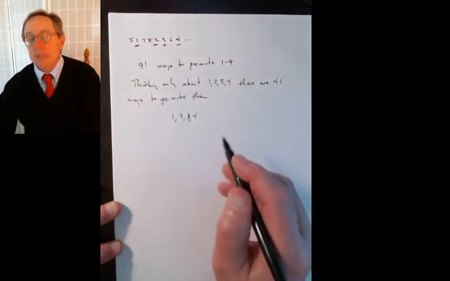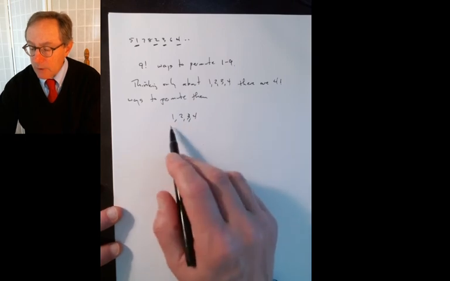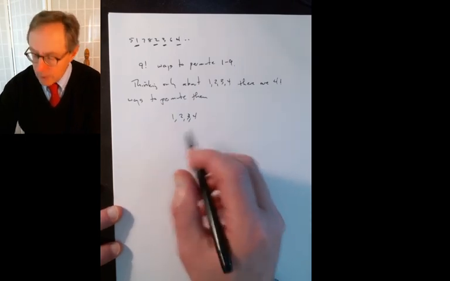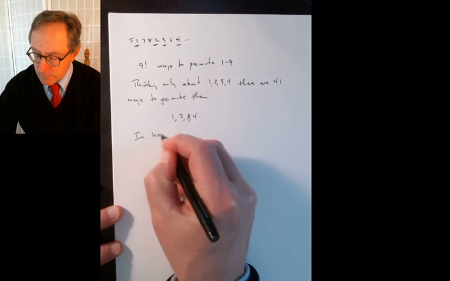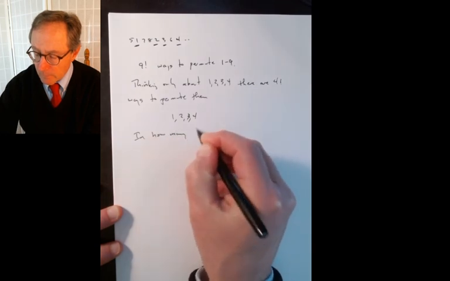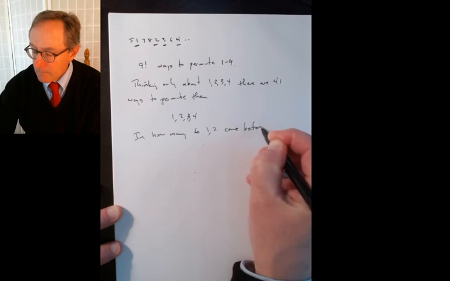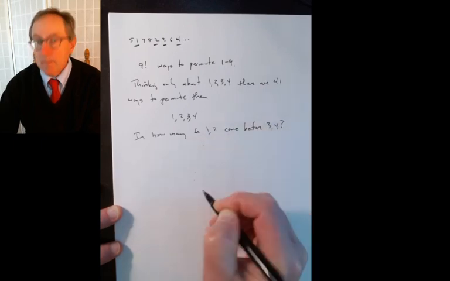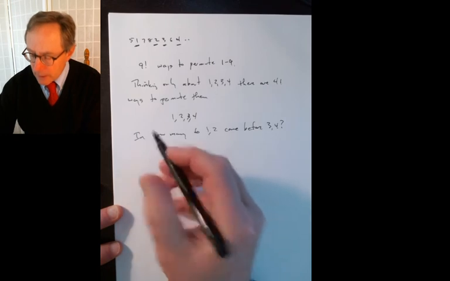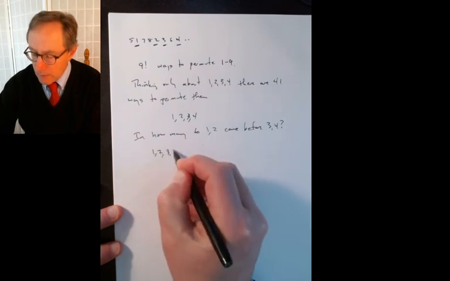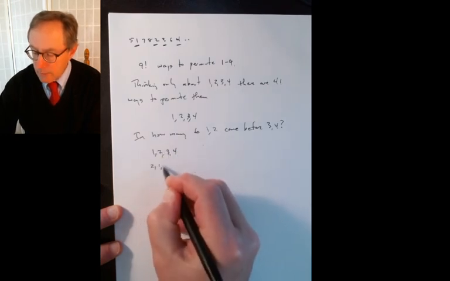So all I've got to do is ask myself, in how many of these do 1 and 2 come before 3 and 4? And so I'll count them. I've got fingers, I can count. Well, 1, 2, 3, 4. 2, 1, 3, 4.